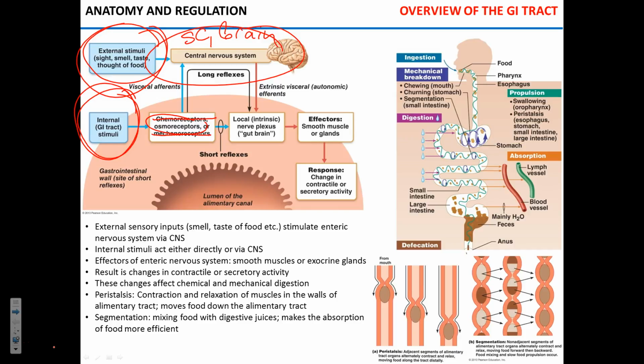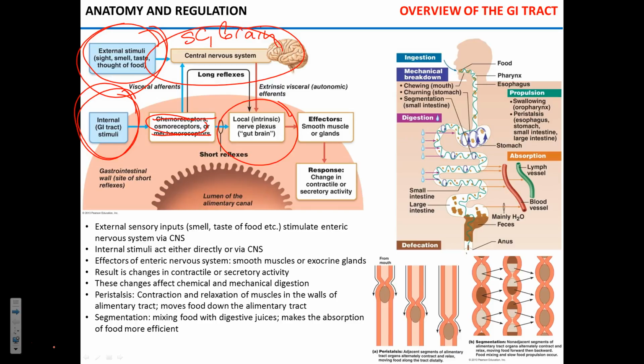Okay. But interesting is that your gut, and by gut I mean stomach and intestine, has sort of a brain of its own. It's a network of neurons that is located in the submucosal and muscular layers of the wall.